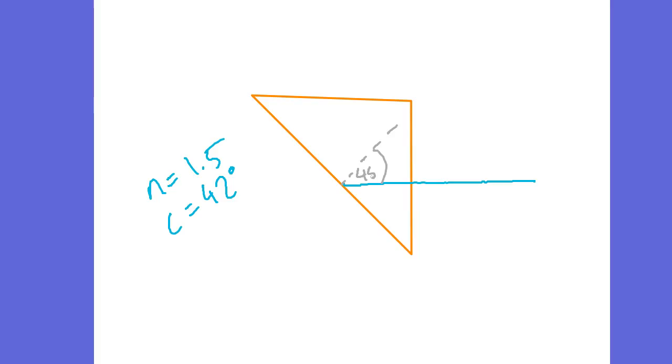The other example is the periscope. Now you can see this is sort of not quite a right angle triangle, but it's close enough. So again here the light comes in, again we're assuming that n is about 1.5 and the critical angle is 42 degrees. So if we draw on our normal line, then our ray gets reflected at 45 degrees, total internal reflection, and this is great because you can use it in a periscope.